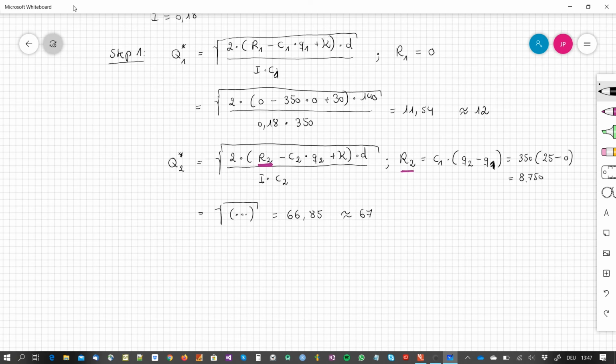We have 3 quantity levels. So the third one is accordingly given R3 minus C3 multiplied by Q3 plus fixed ordering costs multiplied by the demand.